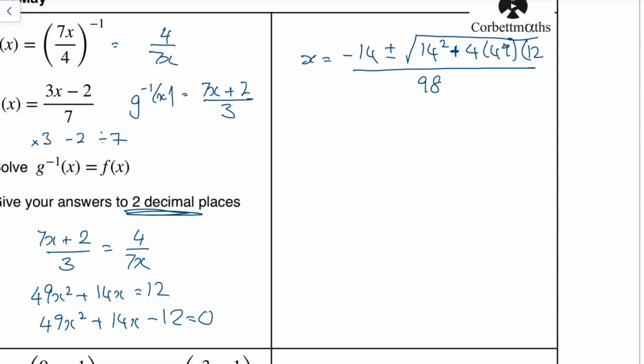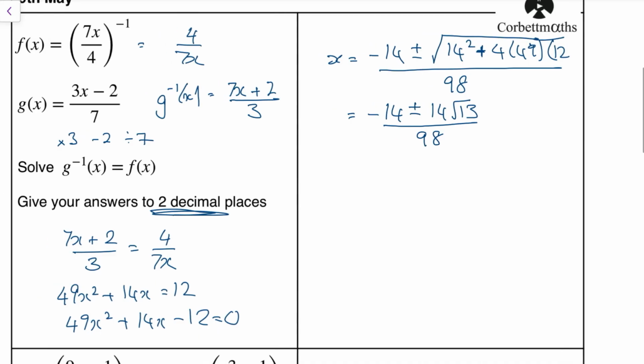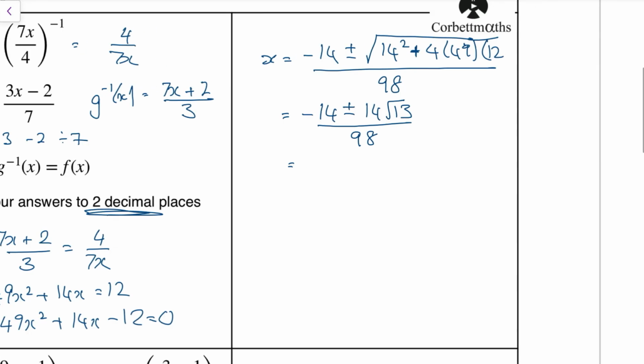Now if I get my calculator out, that tells me that's minus 14 plus minus, oh, that's interesting. Okay, it tells me minus 14 over root 13. So I've got 14s on the top, and the bottom also divides by 14, doesn't it? So actually this simplifies down a little bit. This I can simplify down to a 7th, so it's going to be minus a 7th.